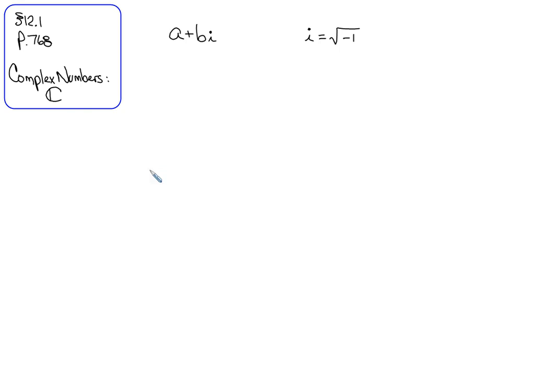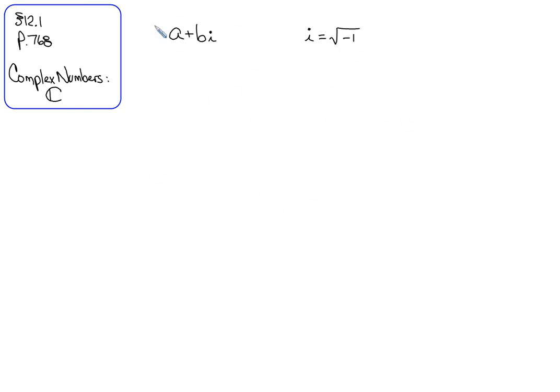Remember, going back to the beginning of the year when we talked about all the different number families, we talked about the fact that all of the real numbers, the imaginary numbers, the rational numbers, the counting numbers, all of those different numbers that we've been using all year are all part of this family.